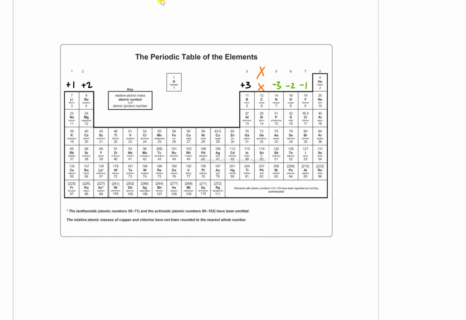Right, so group 1, what did we say it's called? Alkali metals. Group 2 is called alkaline earth metals.